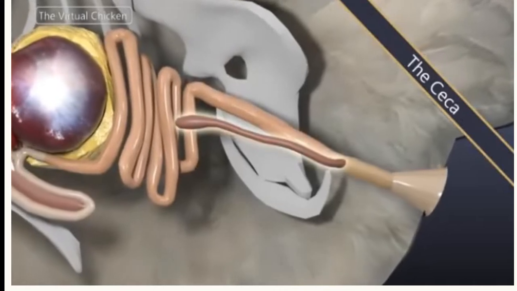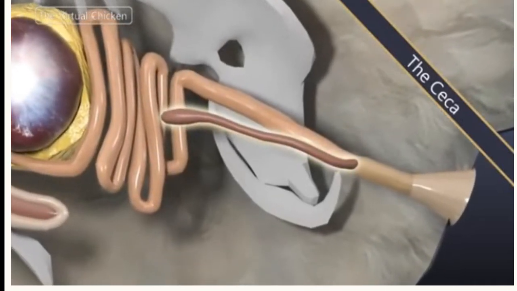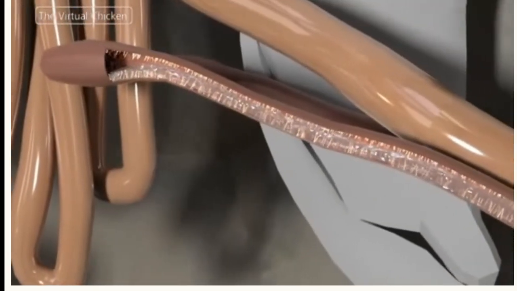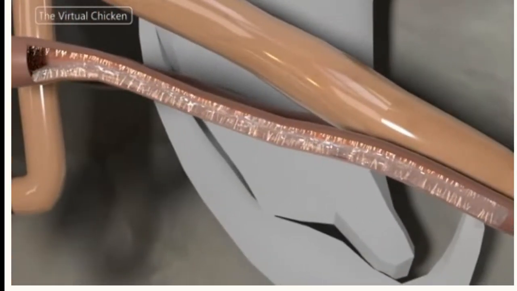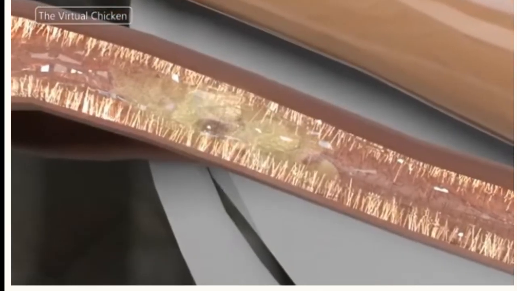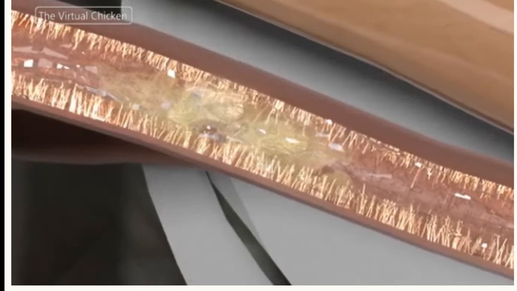The ceca are 2 blind pouches located where the small and large intestines join. Some of the water remaining in the digested material is reabsorbed here. Additionally, any remaining coarse materials are broken down in the ceca through fermentation.